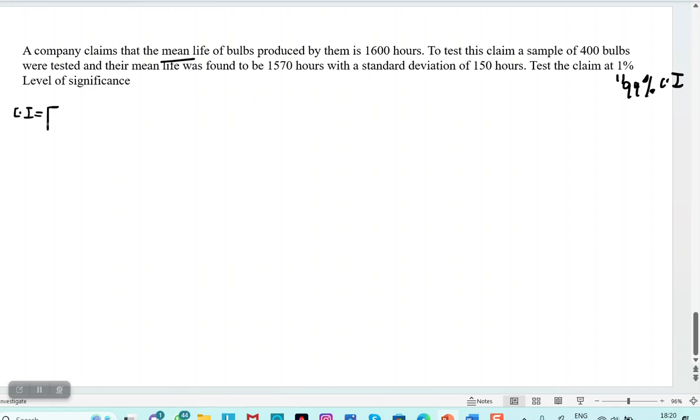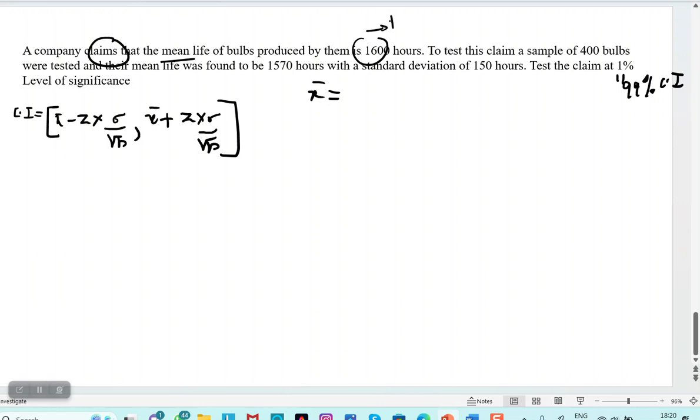Confidence interval is x bar minus z into sigma by root n, x bar plus z into sigma by root n. We now say x bar is the sample mean. The company claims that the mean life is 1600. This will become your testing value. Whatever is the claim will become your testing value.